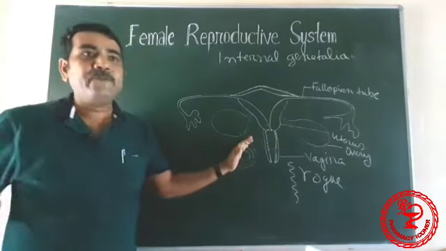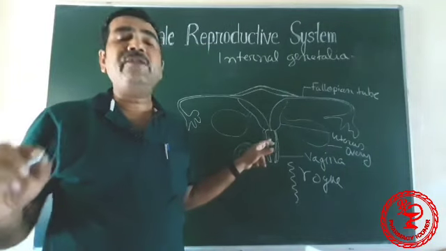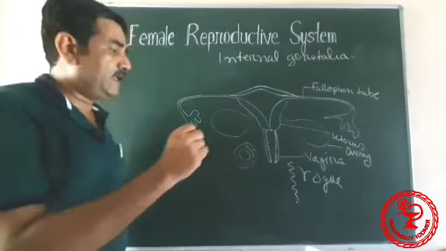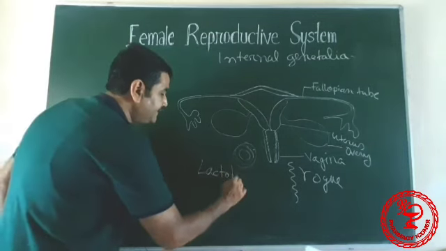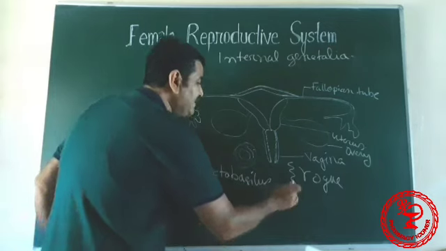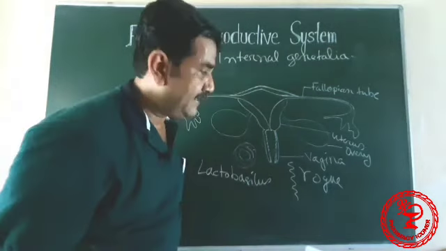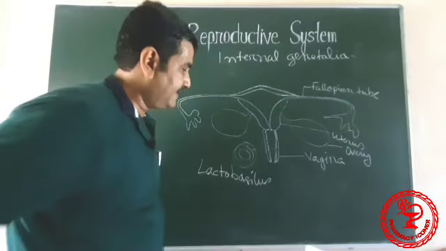Now some microbes live inside the vagina. They are called lactobacillus acidophilus.